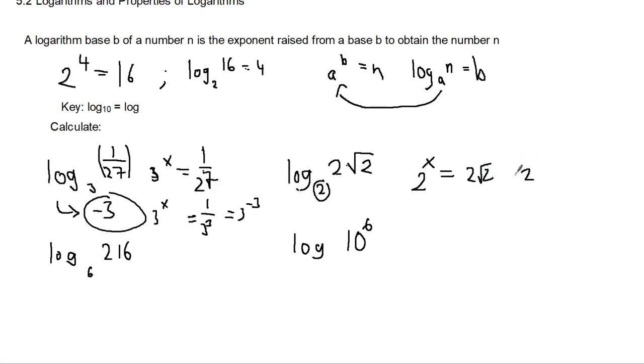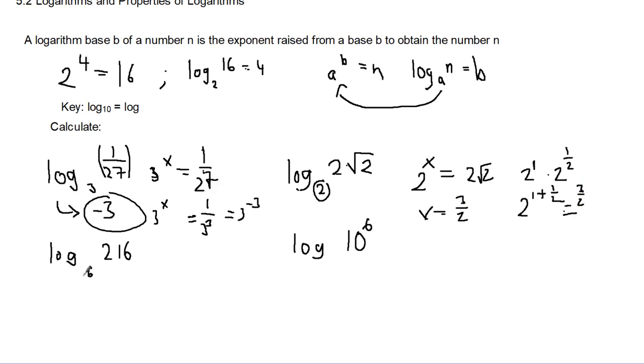So 2 times 2 to the power of 1 half. This 2 automatically has a 1 power on it. So 2 to the 1 times 2 to the power of 1 half, you add the exponents. So 1 plus 1 half is equal to 3 halves. So the x is equal to 3 halves.